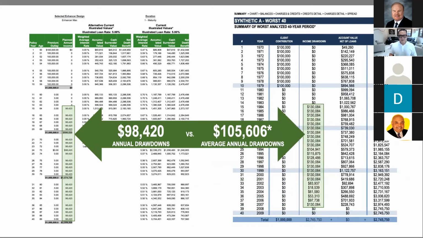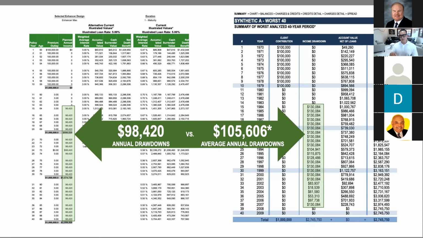We have an average income of 105,000 coming out of the worst 40-year period. And that little asterisk there, the reason it's the average income is if you look at the green box of the actual incomes coming out, the way that our Breadbox report engine is set up is it will never pull greater than 20% of the account value in any given year.